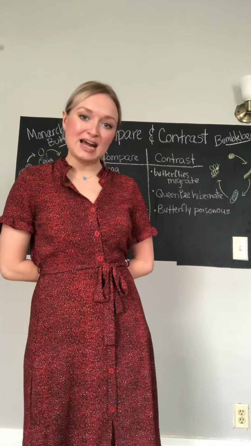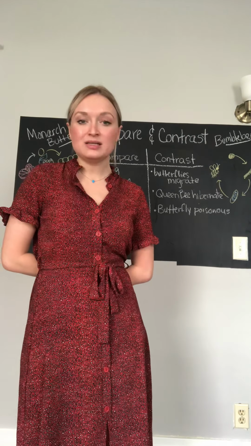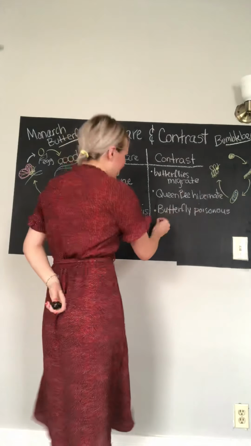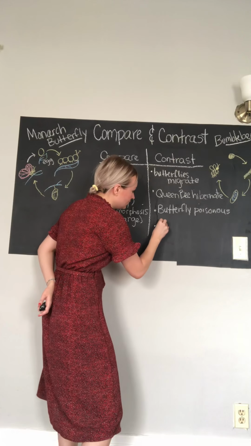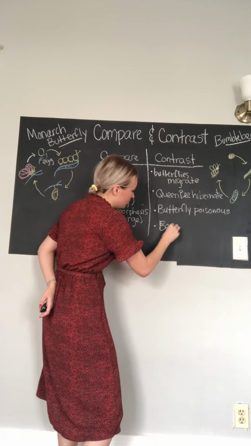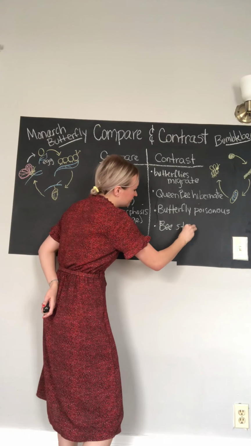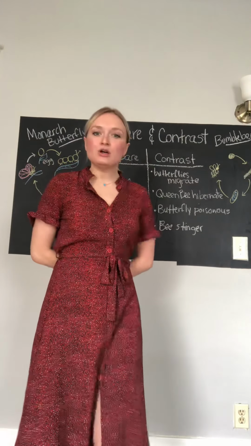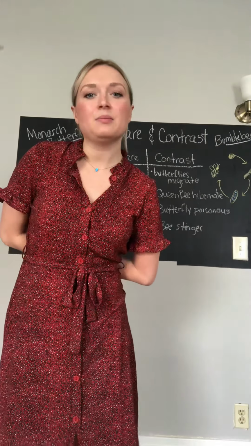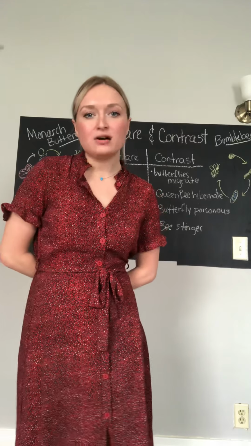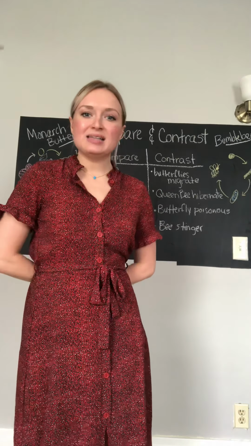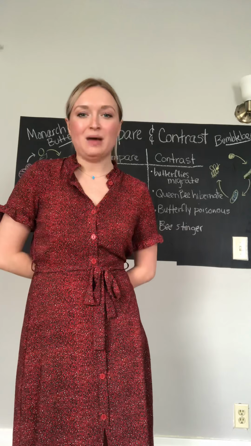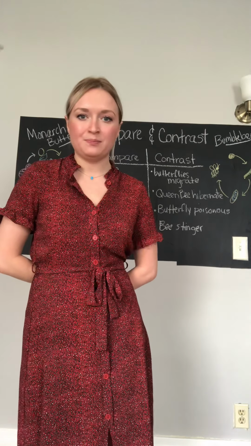Do you have any guesses about what the bumblebee's defense mechanism is? You're right, it's a stinger. So the bee uses a stinger. Now we can compare the bumblebee and the monarch butterfly by saying they both have defense mechanisms to help them avoid predators. However, in this T-chart, we decided to contrast those defense mechanisms as they're different from each other.